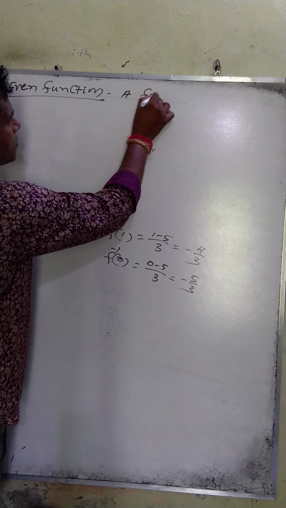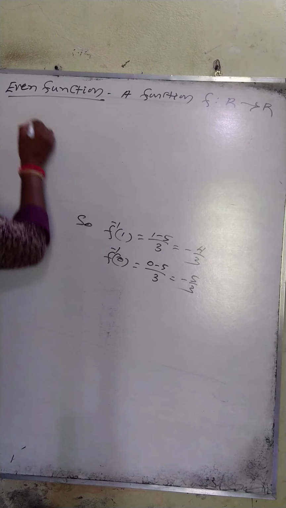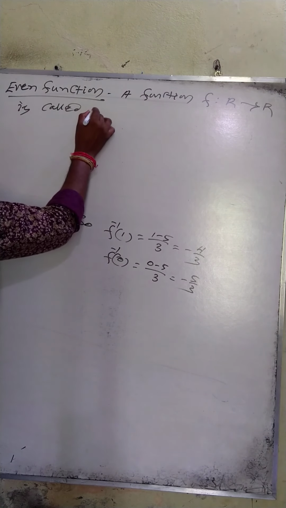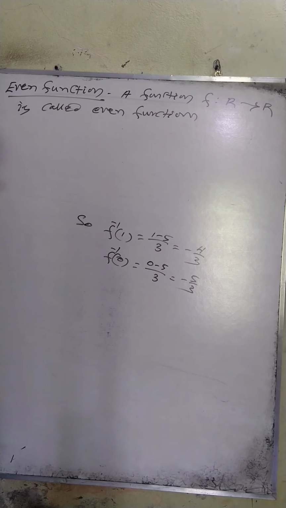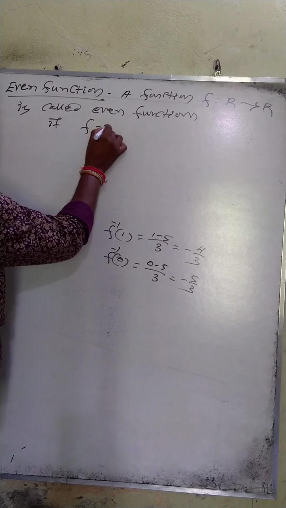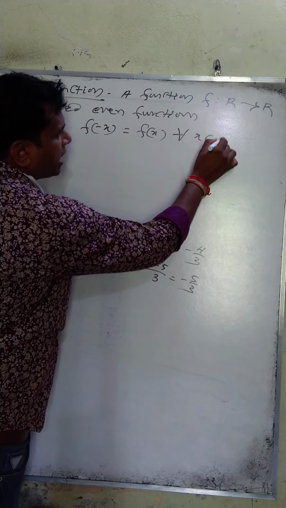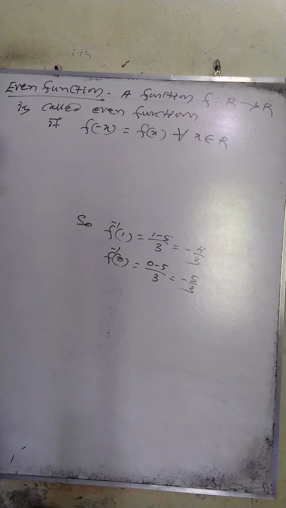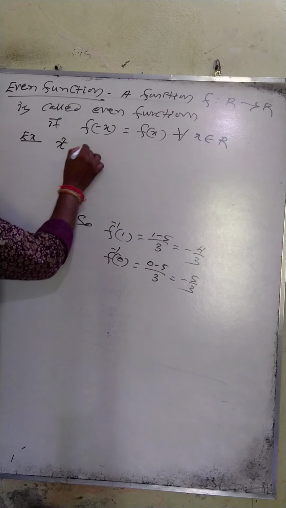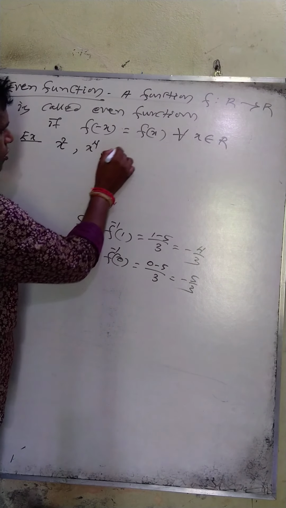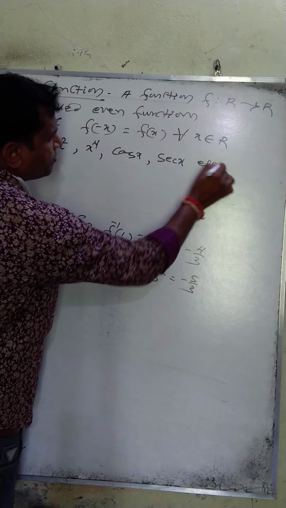A function f from R to R, that means real number to real number, is called an even function if f of minus x is equal to f of x for all x belongs to R, means domain R. Example, x square, x to the power 4, cos x, sec x etc. are even functions.